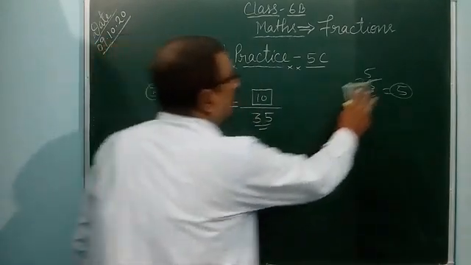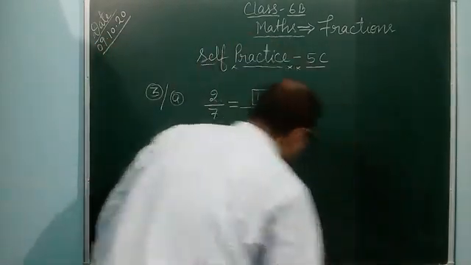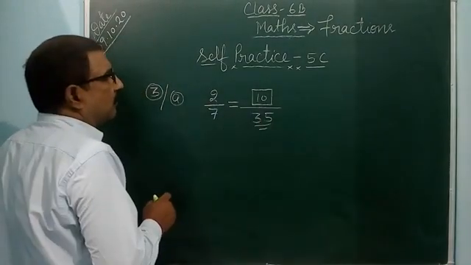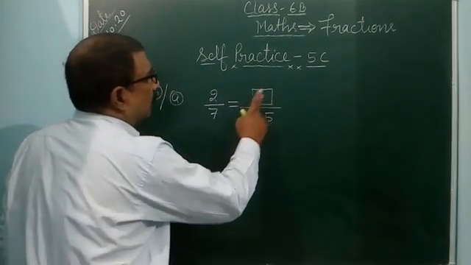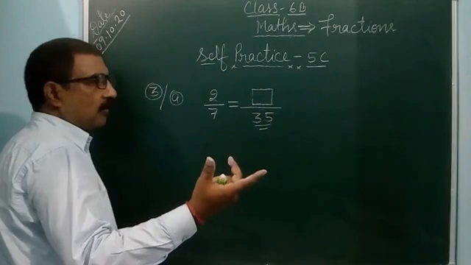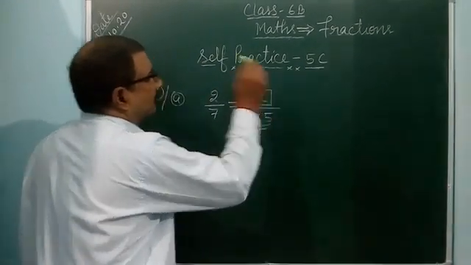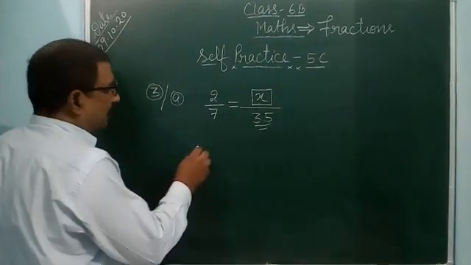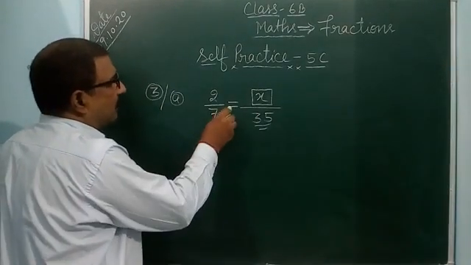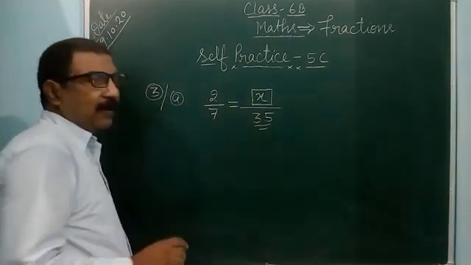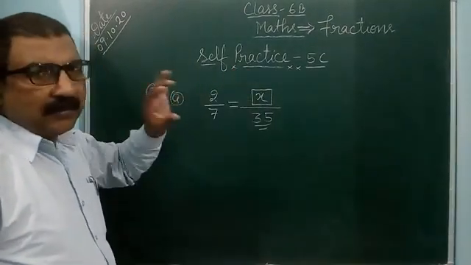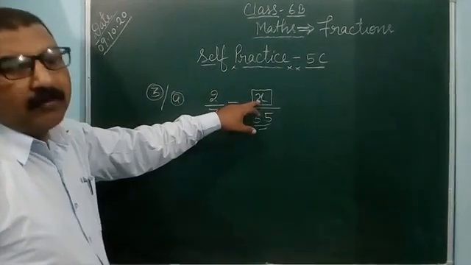And the second method, for all types of fractions, if you do not have any number here, suppose there is no number here, you can consider here x. Now you have 2 by 7 is equal to x by 35. In the place of the gap it will be x.